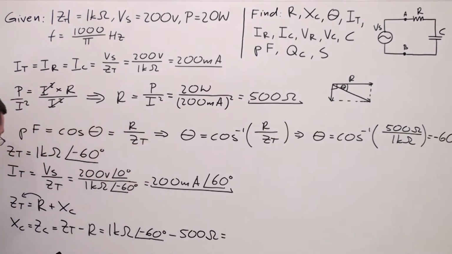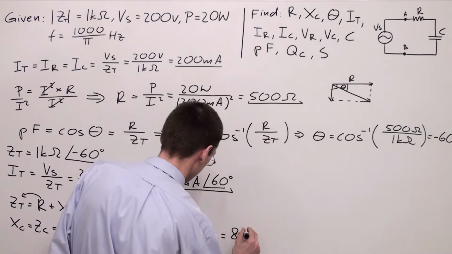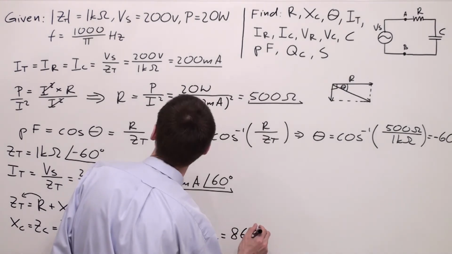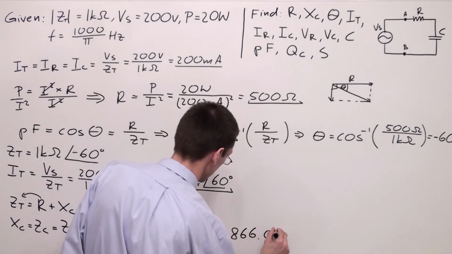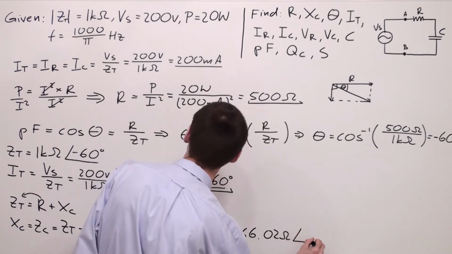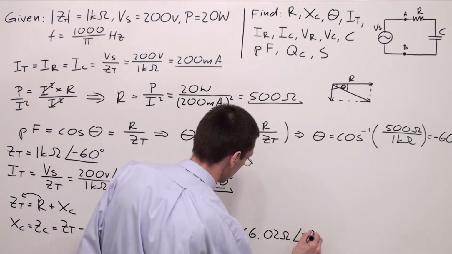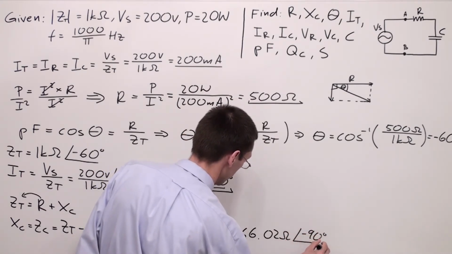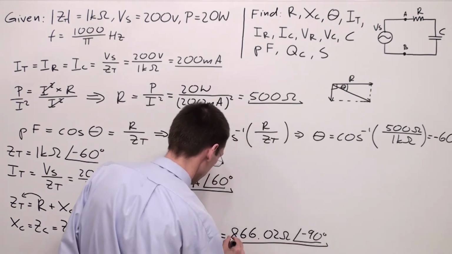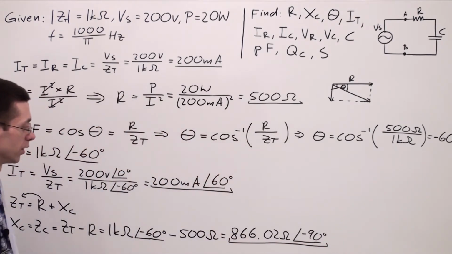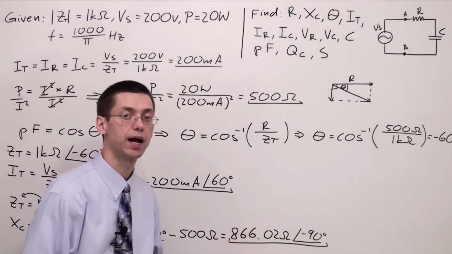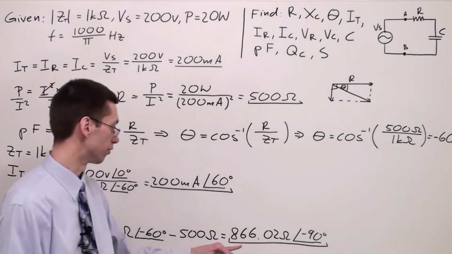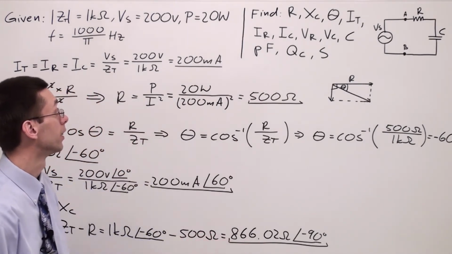Use the calculator and you're supposed to obtain the value of 866.02 ohms and an angle of negative 90 degrees. This is the impedance, also called capacitive reactance, of my capacitor.